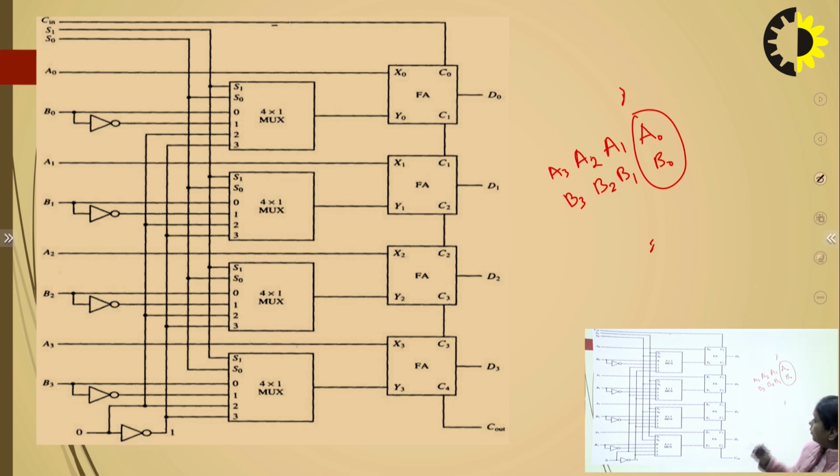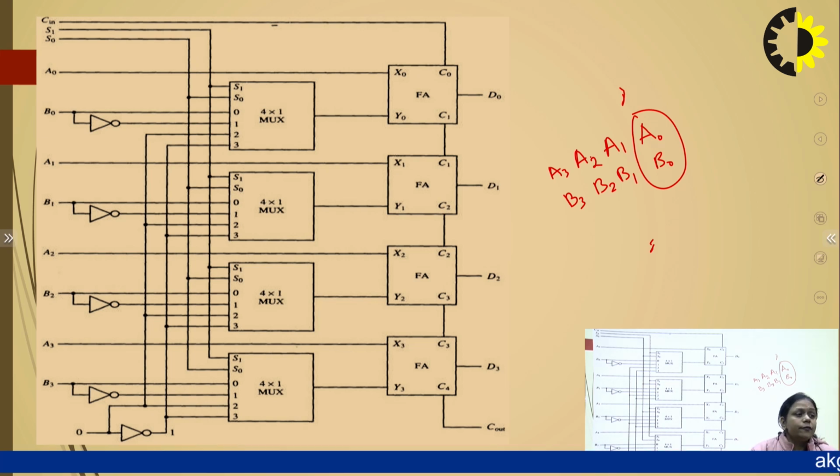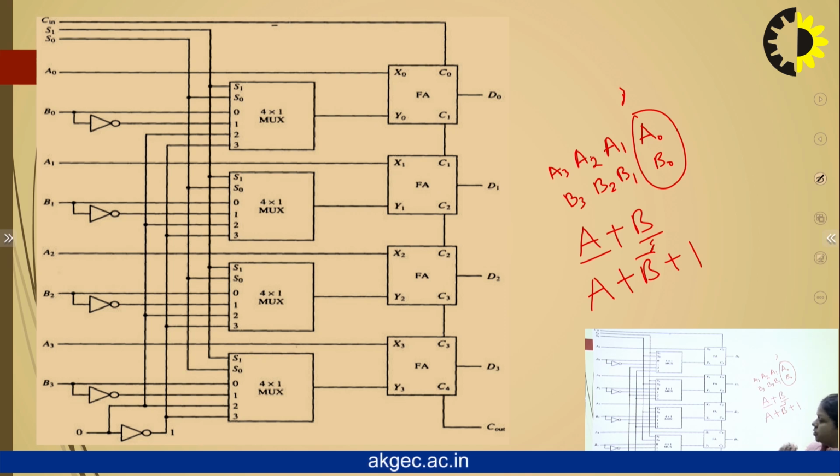Now we have to separate the numbers, because we can do more than one operation with the help of the arithmetic circuit. For example, if we want to add A plus B, the first number A is the same, and in the second number we will give B. If we want to perform subtraction, the first number is A but the second number will be B bar plus 1, with the complement.